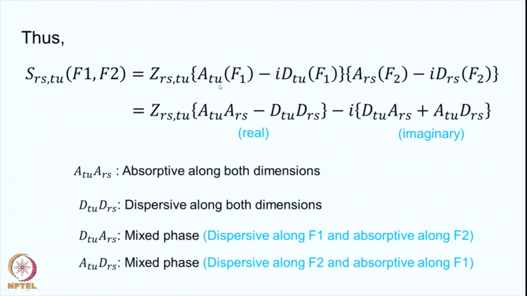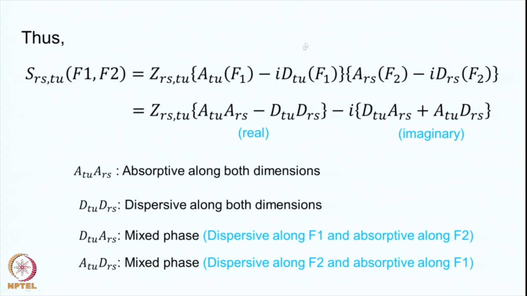So, I have here an absorptive spectrum for the transition ATU for the coherence, and a dispersive line shape along the F1 axis for the same coherence Tu, and here I have ARS F2 and minus i DRS F2, the absorptive component and the dispersive component after the Fourier transformation. Now, if I multiply this, so what do I get? ATU, ARS, and this will be real, because there is no i component there.